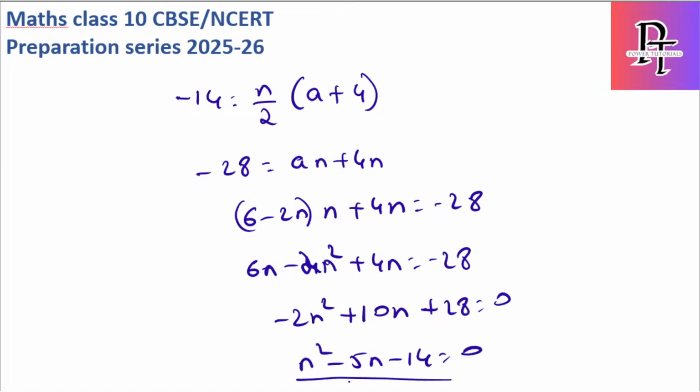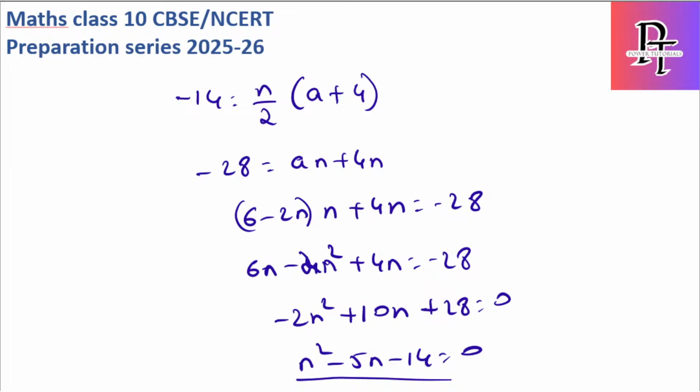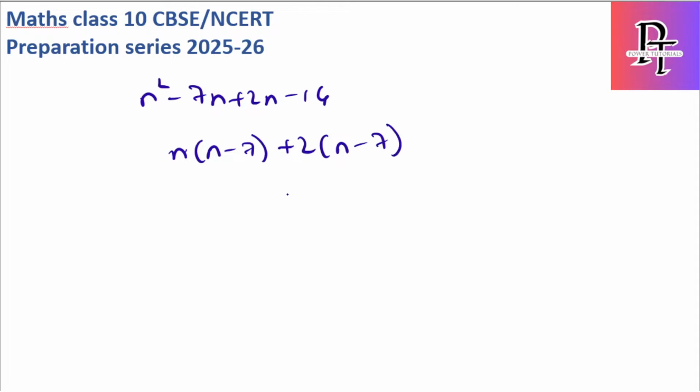Now let's see what are the factors of 14? We have 2 into 7. So simply it is n square minus 7n plus 2n minus 14. So if I take n common, I will get n minus 7, plus 2 if I take as common, I will get n minus 7. So I will get the values as n is equal to minus 2 comma 7, and n cannot be negative, so the n value is 7.